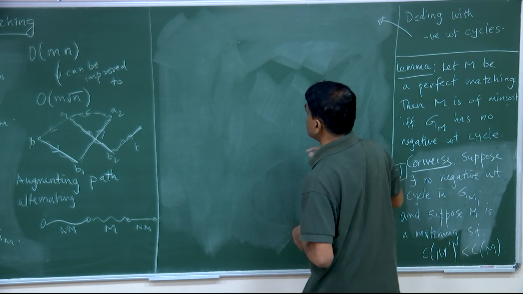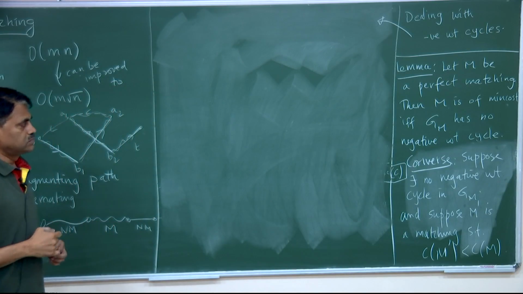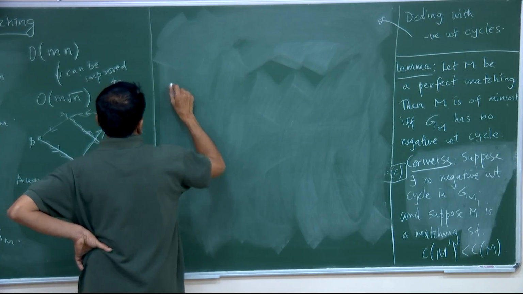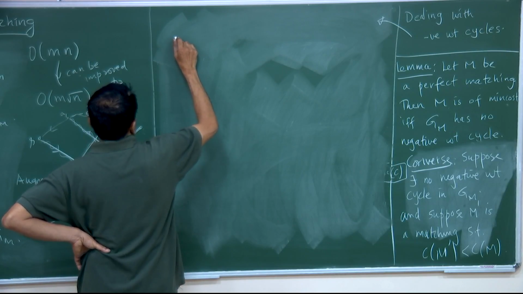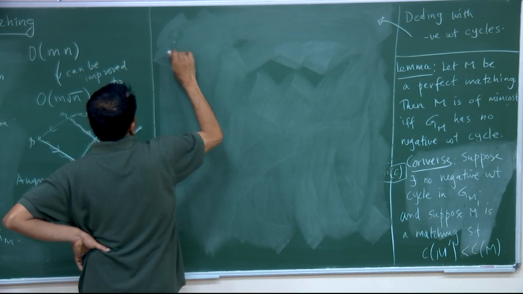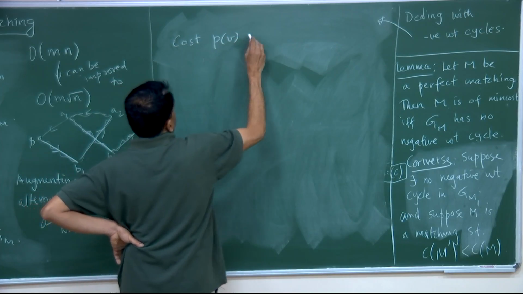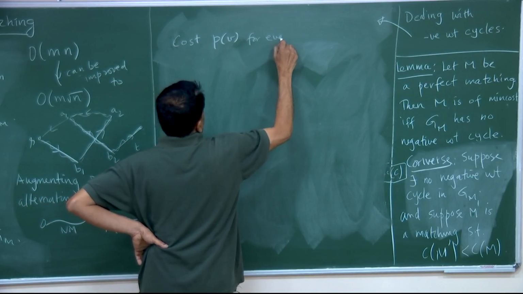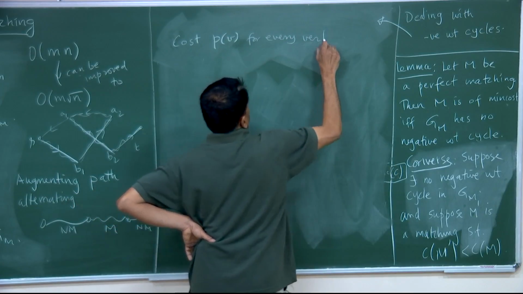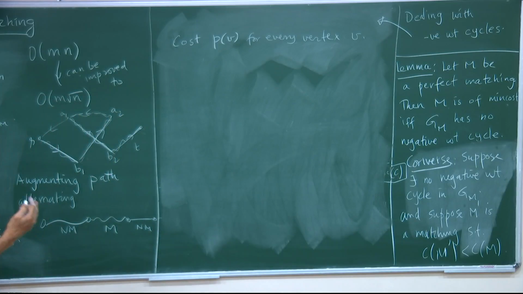So what I'm going to do is, we will have a variable, a cost p of v for every vertex. When you look at an LP, it will be a dual variable actually.